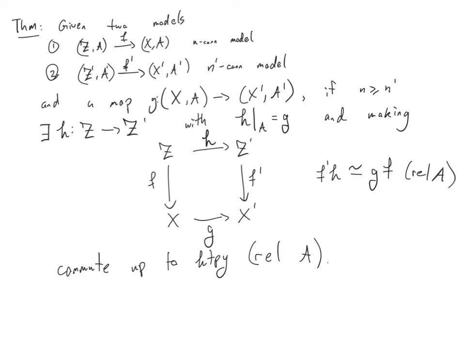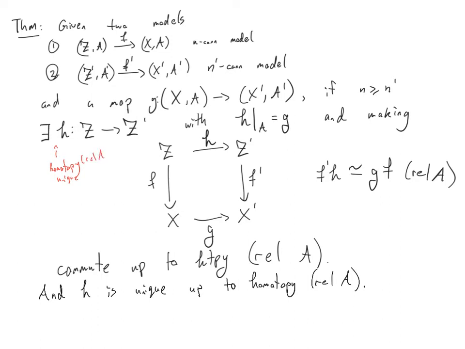But now the really awesome thing is H is unique up to homotopy relative A. I didn't write it as unique because it's only unique up to homotopy, but you could think of this as homotopy unique rel A. And this is really strong.